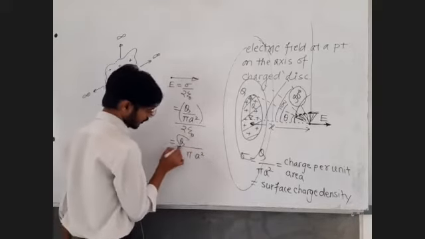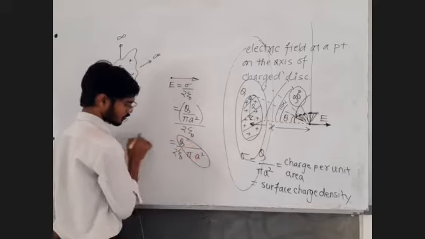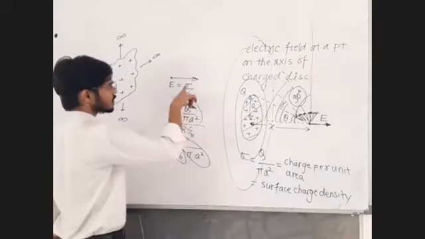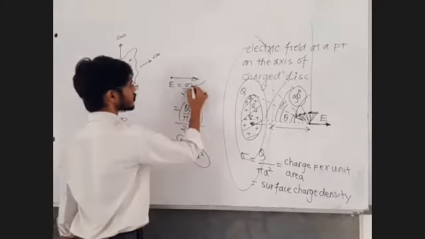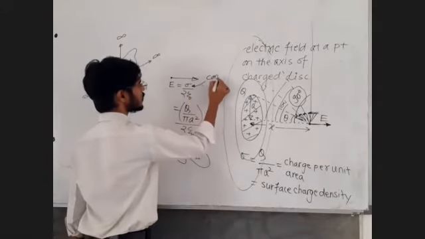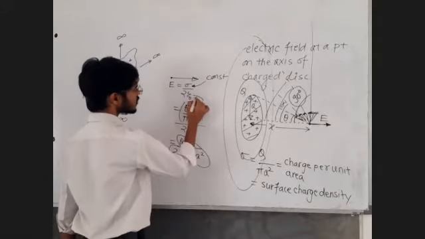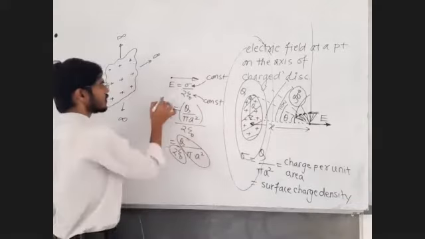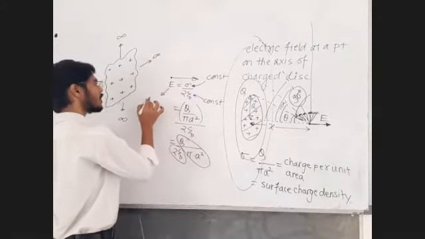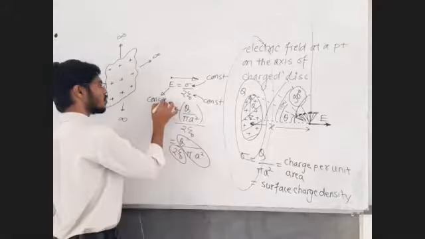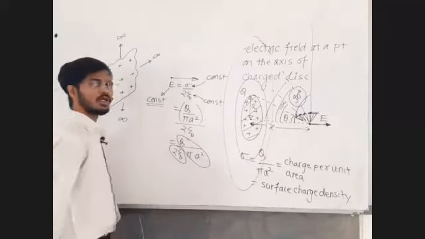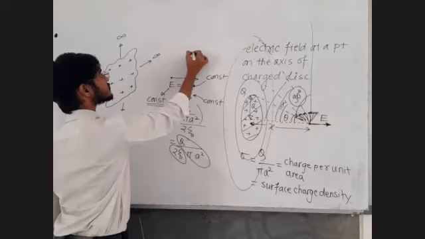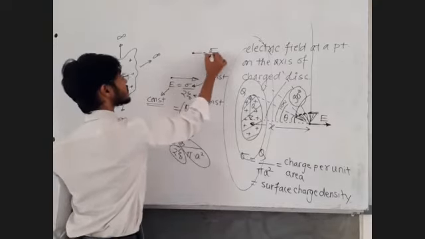Charge per unit area is a constant value, and 2 epsilon 0 is also a constant value. So the electric field at any point is going to be a constant value. It is not going to change. For an infinite disk, the electric field at any point in space is the same, sigma upon 2 epsilon 0.